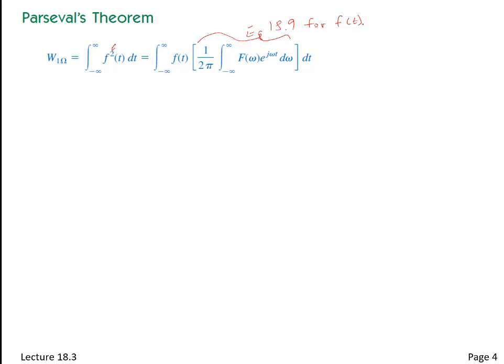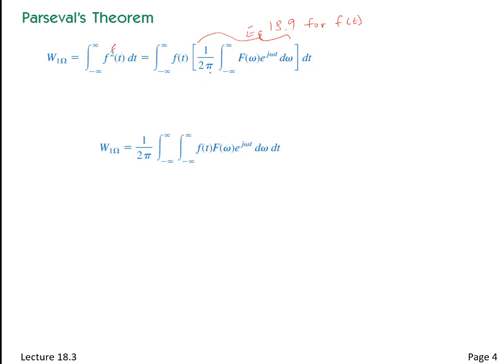I've taken the basic definition, and I've said I'm going to integrate a single f of t, and I'm going to substitute the Fourier transform for the other f of t. Plug that in. So now I'm going to have an integration in terms of dt and another one in terms of frequency. Okay? So let's see what kind of trouble this gets us into.